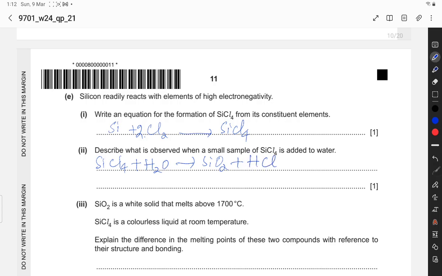So the observation would be effervescence or misty fumes of HCl formed.